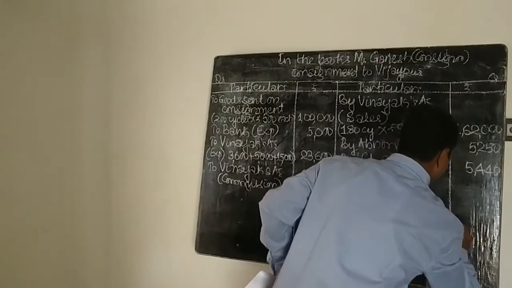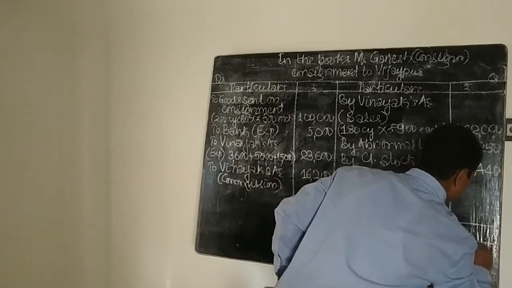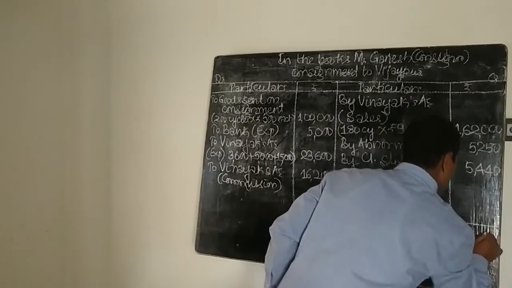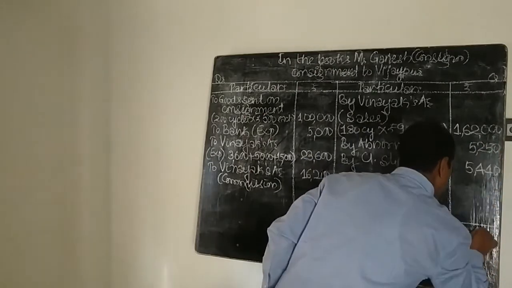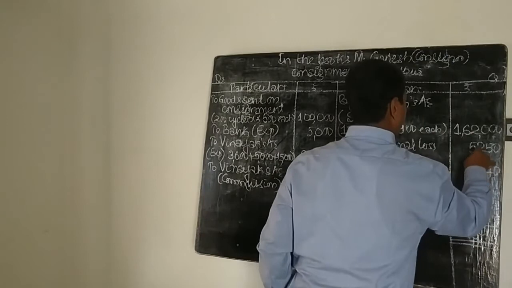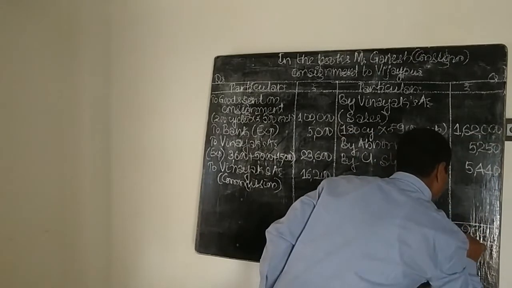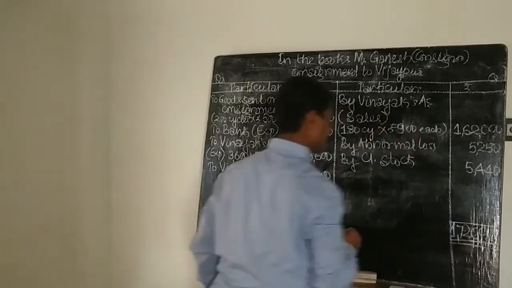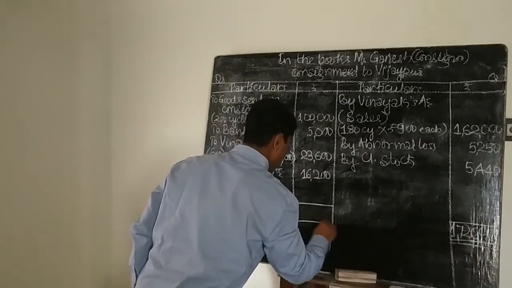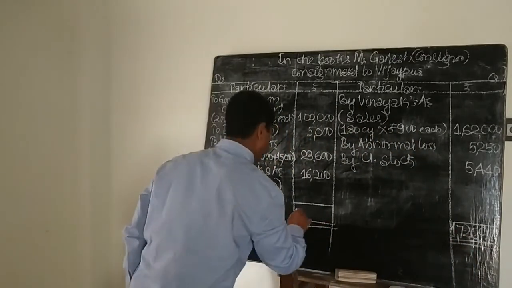So now let us take the sum of this here. 5 plus 4, 9 here, 2, 4 plus 2, 6 here, 5 plus 5, 10 plus 2, 12 here, carry 1 here. So it is 1,72,690 rupees.